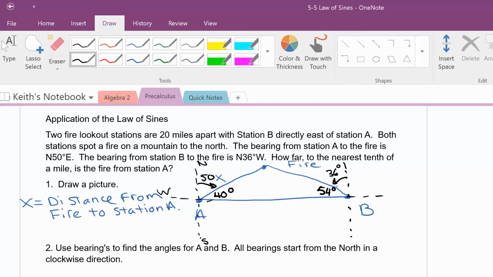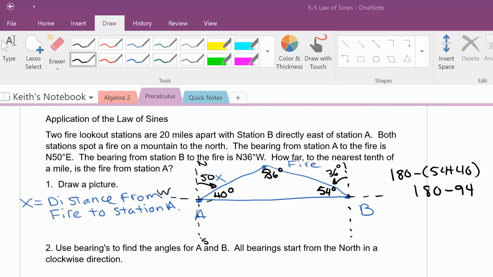Then that means that this angle up here at the top, if you go 180 minus 54 plus 40, at the top, that angle is 86 degrees. Okay, so now in order to do this, we got to find one of the sides.